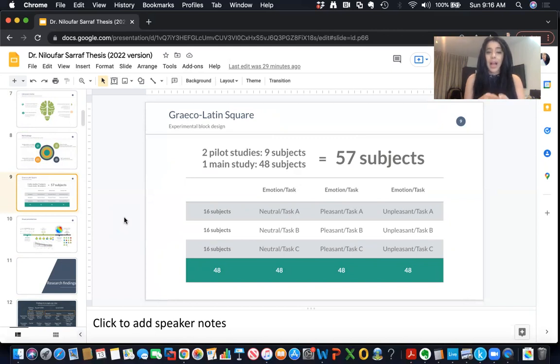In this case, I ended up using the Greco-Latin square experimental block design, because this block design helped me establish a way, as you can see here, where I exposed the subjects to different levels of treatments.